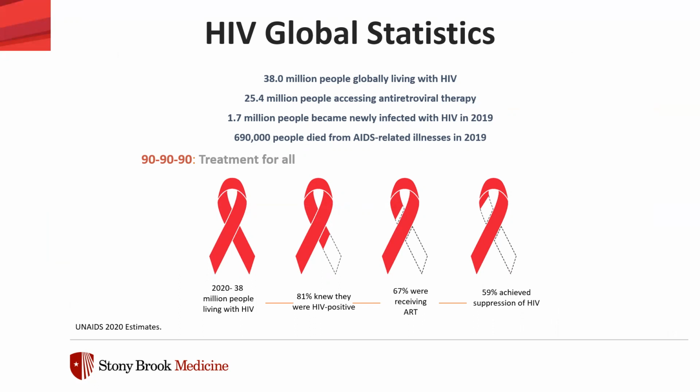And only 59% of those patients receiving ART had a suppressed viral load. The 90/90 treatment for all's goal is that 90% of patients living with HIV will know their status, 90% of those patients who know their positive status will have access to care, and 90% of those patients on ART will be virologically suppressed.